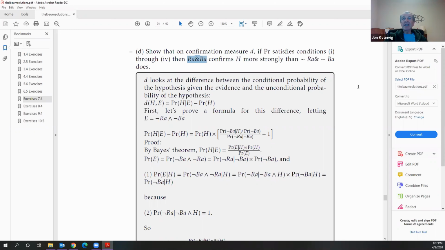Okay, so we're being asked to show that on confirmation measure D, we get that result. So D looks at the difference between the conditional probability of the hypothesis given the evidence and the unconditional probability of the hypothesis. D is just the difference between those 2 numbers.